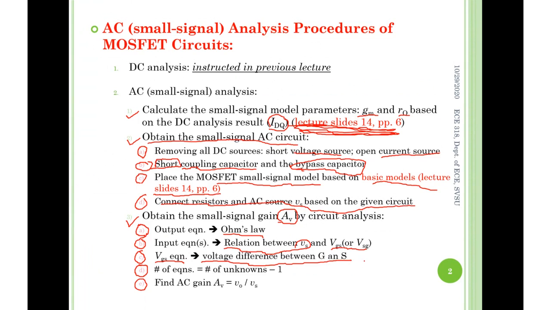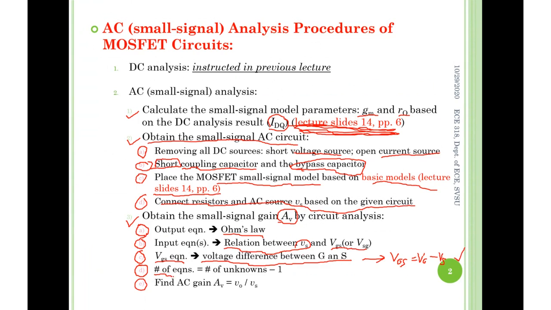This equation means nothing but VGS equals VG minus Vs. This sounds like something we can hardly imagine how to use, but when you see the problem, we can probably understand this better. This might be useful.